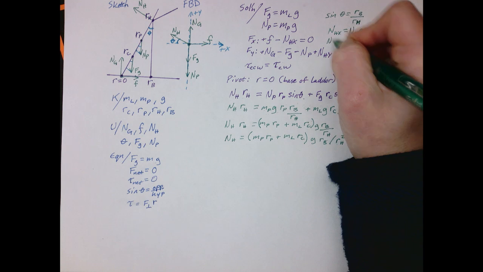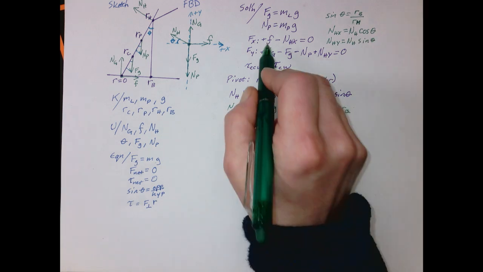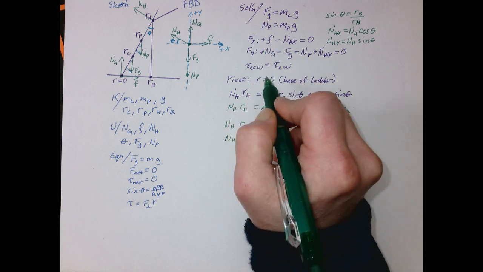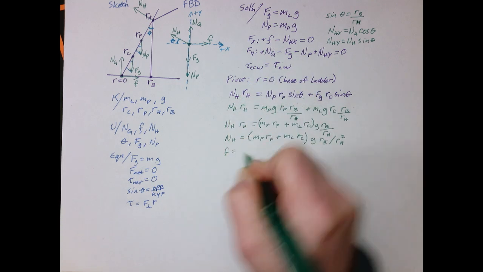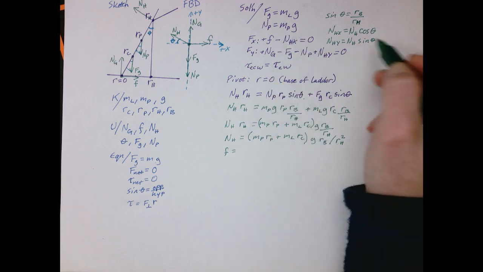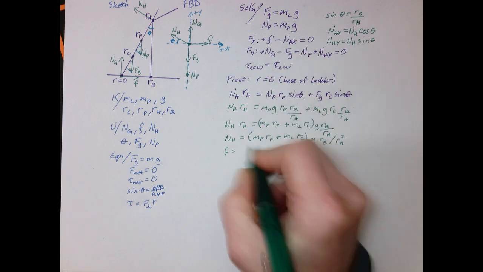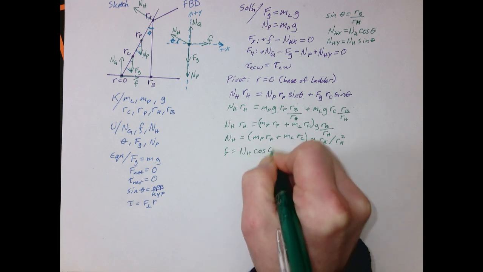And the y component is therefore n sub h times sine of theta. Next we can solve this expression for the friction force. Friction equals n sub hx, which we know is n sub h cosine of theta.